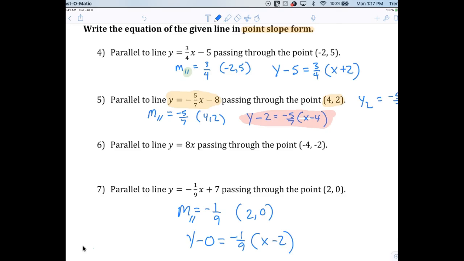Now I want you to understand your calculator has the ability to graph points, but you have not allowed it to graph points. You have to turn that feature on. To turn that feature on, hit the y equals button.